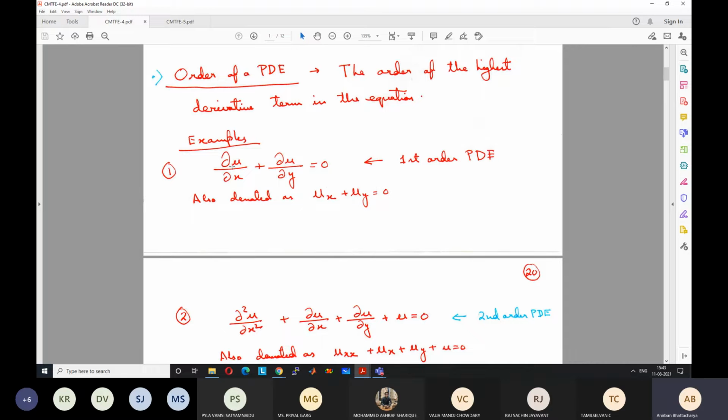If there was a double derivative, ∂²u/∂x², you would write uxx. For ∂²u/∂y², we would write uyy. For a double mixed derivative, ∂²u/∂x∂y, we would write uxy. This is a form of notation which simplifies the writing and takes less time to write, but has the same meaning. So we can also write this PDE as ux plus uy equal to 0.